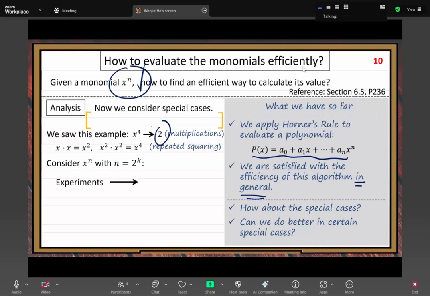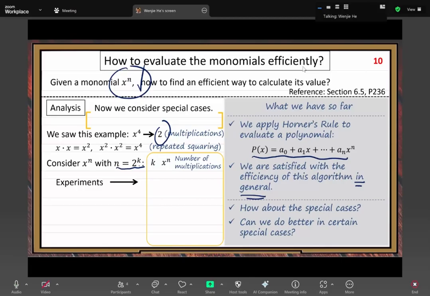First column, the k column, a number. Second, the monomial x to the n, where n equals a power of 2. The third column, we count the number of multiplications we need.